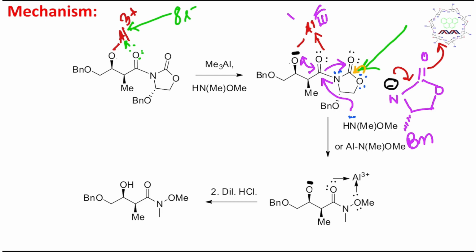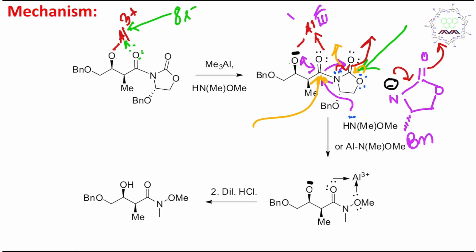One resonance happens from this side, another resonance may happen from this and this side, so both ways. So this carbonyl carbon, or carbonate ester carbon, is significantly more electron rich, meaning less electron deficient compared to this ketone. Actually this is not a ketone, it is actually an amide.